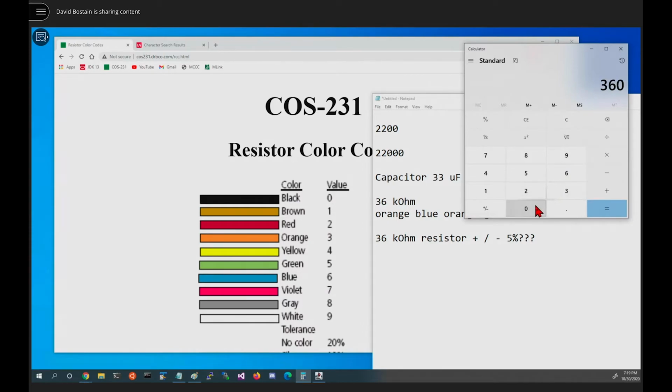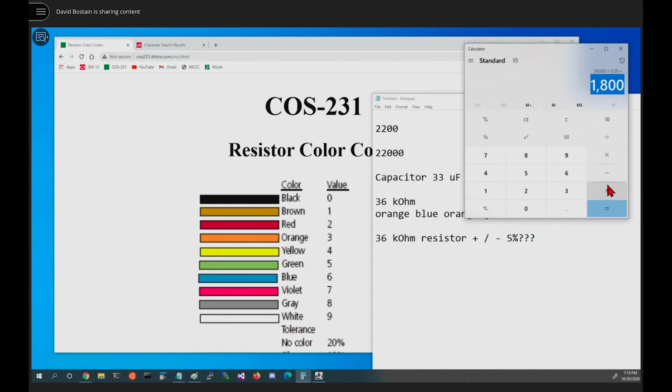So we have 36,000. I'm going to multiply that times 0.05. So we're going to have an 1,800 spread.